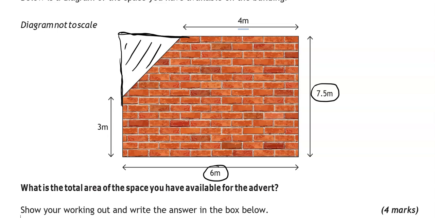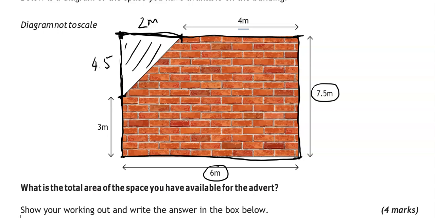Let's work it out. So we've got this length here, which is going to be worked out by taking away 4 from the 6, so that is 2 meters, and this length here, which is worked out by taking away 3 from 7.5, so that is 4.5.